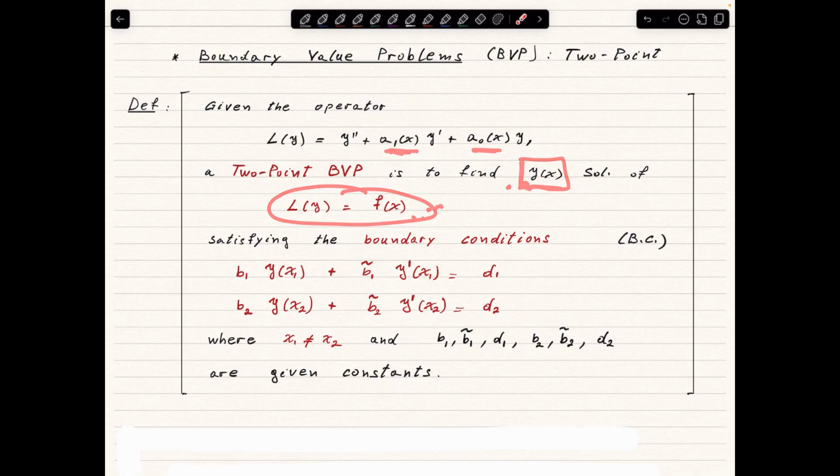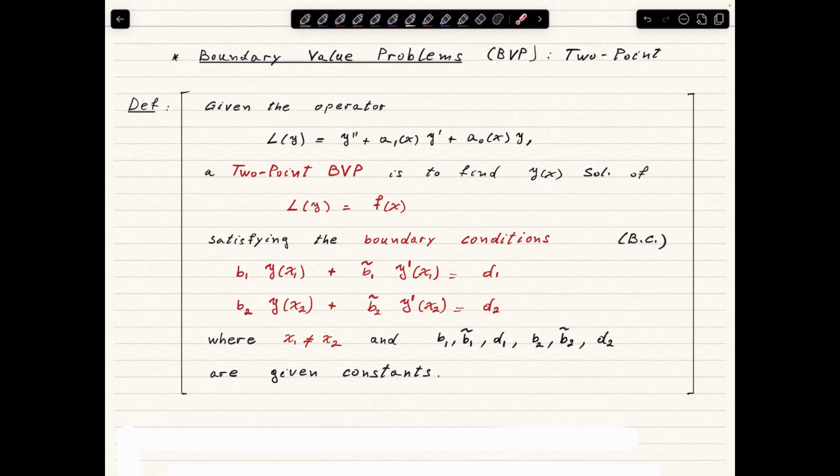And we know how to find all solutions of this problem. Now, among all these solutions, we need to find the solution y of x that satisfies these extra conditions that we call boundary conditions. So that is a boundary value problem.